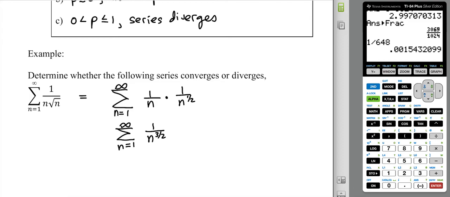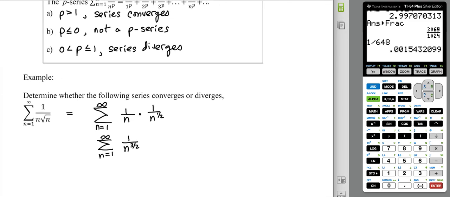This is a p-series. All right? Based off of our information here, we can now say this series converges by the p-series test, specifically because p is greater than 1.